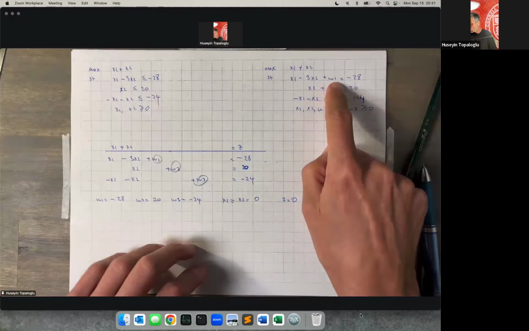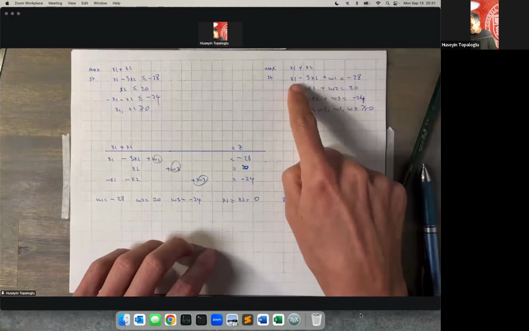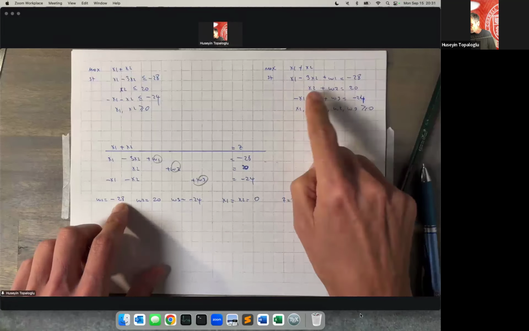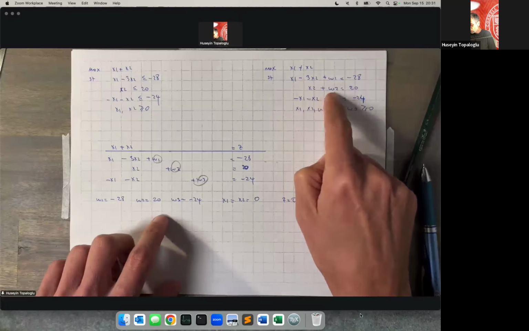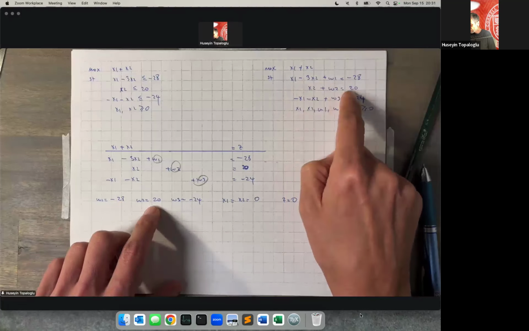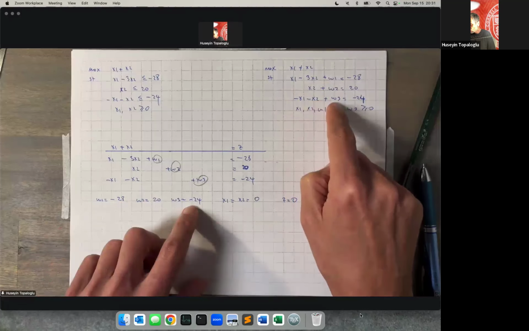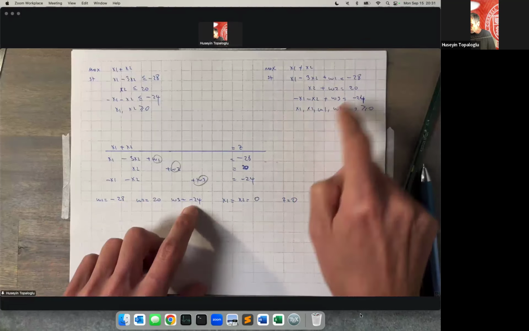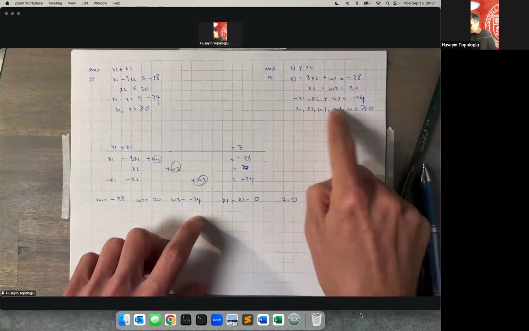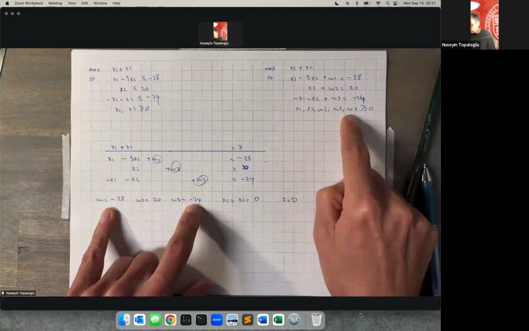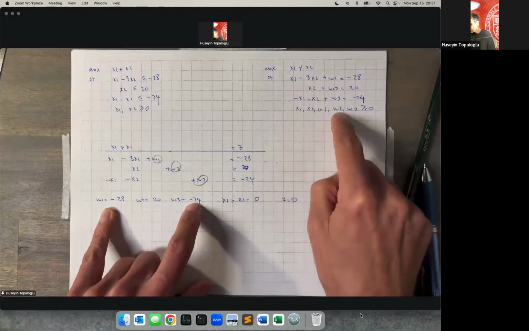And likewise, if you check the version with the equality constraints, X1 and X2 are 0, W1 is minus 28, so it's minus 28. X2 is 0, W2 is 20, so the left-hand side is 20, right-hand side is 20, okay. X1 and X2 are 0, W3 is minus 24, minus 24 equals minus 24. So these are satisfied, but my W's are not non-negative. W1 and W3 are negative, so I violate the non-negativity constraint.